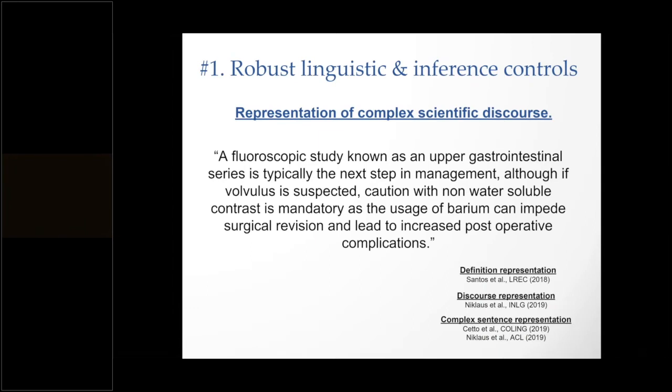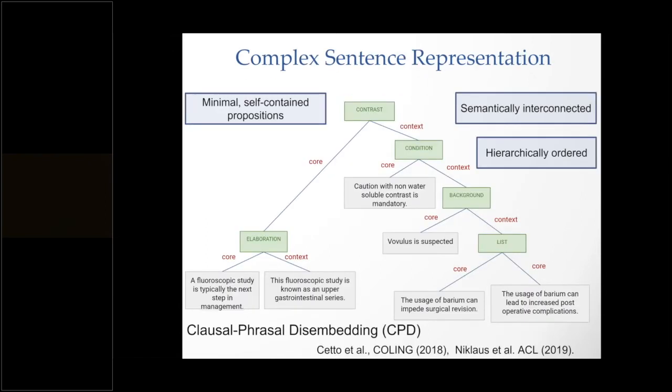One of the methodologies that we found quite robust, in terms of the quality of extractions and also the linguistic principles that are applied, is what we call the clause and phrasal disembedding of the sentence. Given that we have a very complex sentence, how can we use some linguistic principles to simplify the sentence into simpler statements?